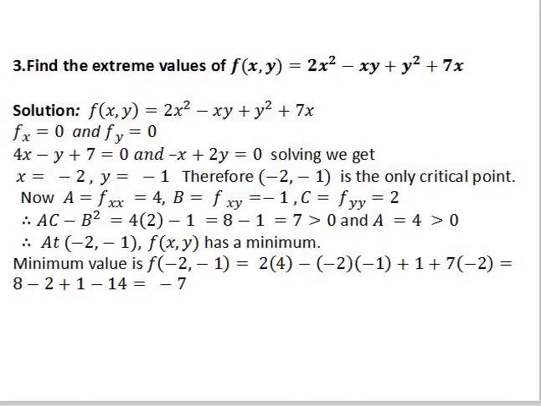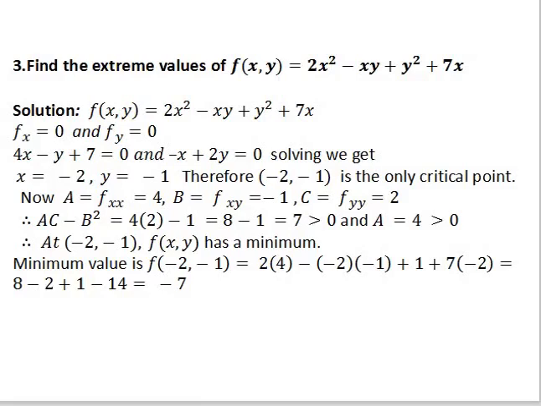Find the extreme values of f(x,y) = 2x² - xy + y² + 7x. So the given function is 2x² - xy + y² + 7x. The necessary condition for extreme values is that we differentiate partially with respect to x and partially with respect to y and equate these to 0.